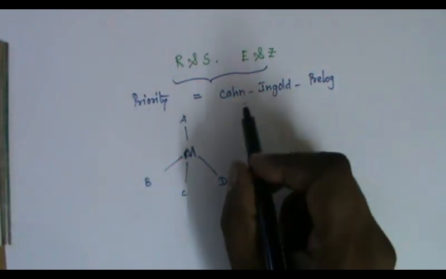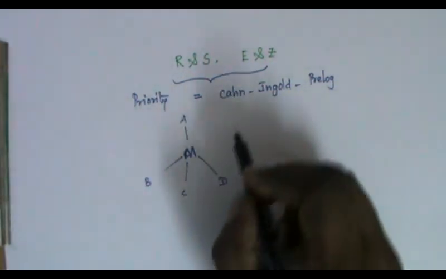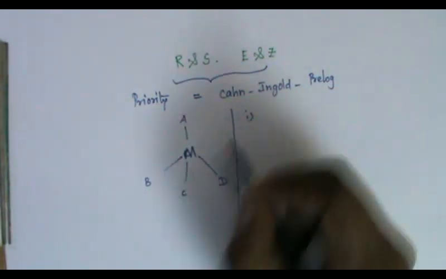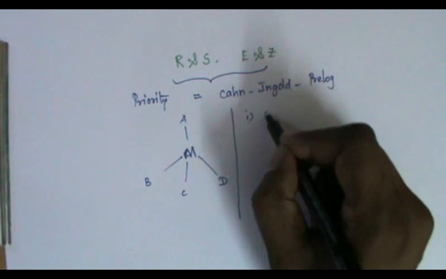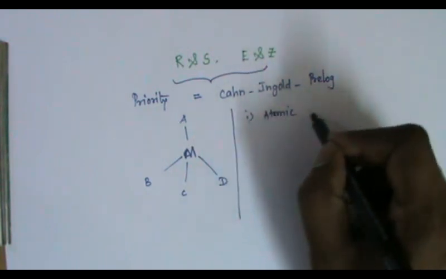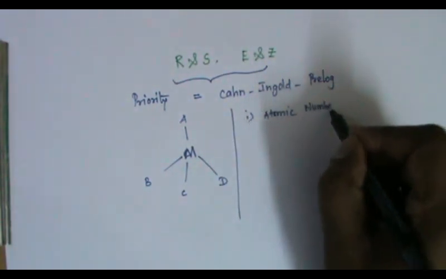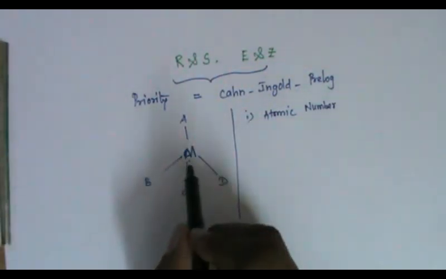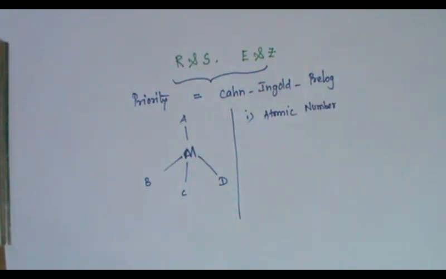First let us go to this Cahn-Ingold-Prelog rule. What it says: look at the atomic number of the atoms which are attached to the atom M. The atom with the highest atomic number will get the highest priority.